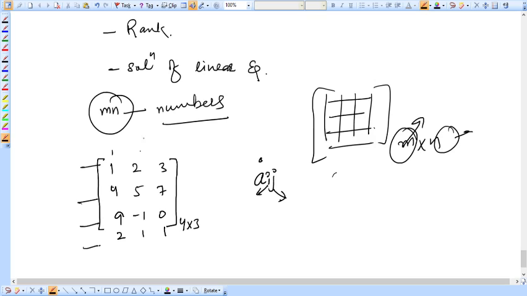If you want to name the element 5, it is present in the second row and second column, so this element is a22. This is how we denote any element.